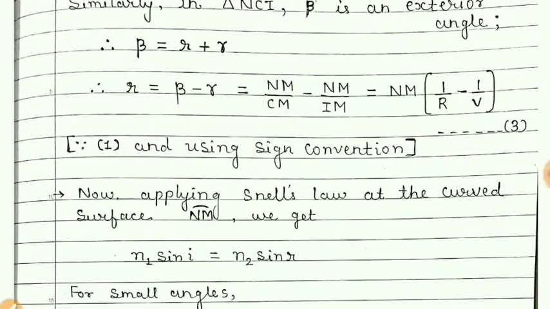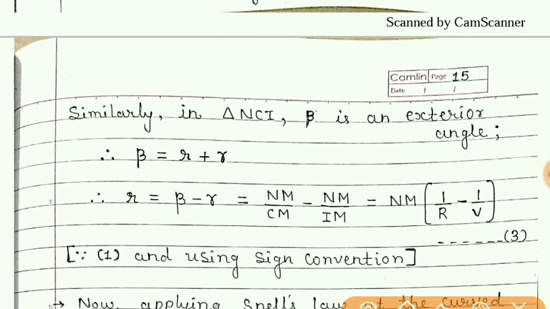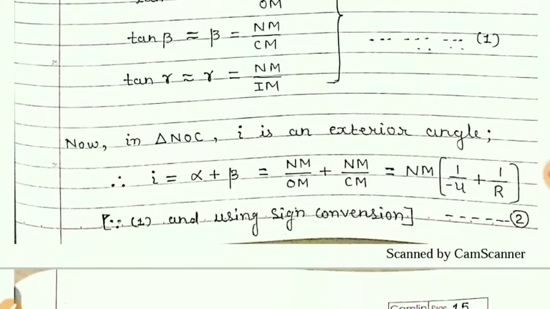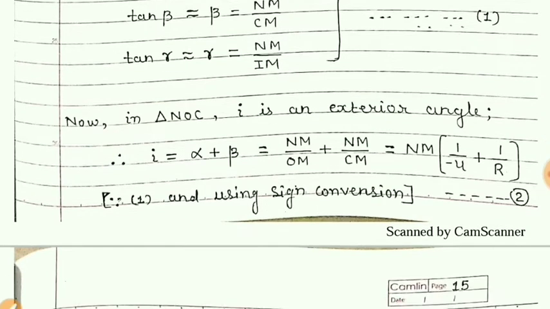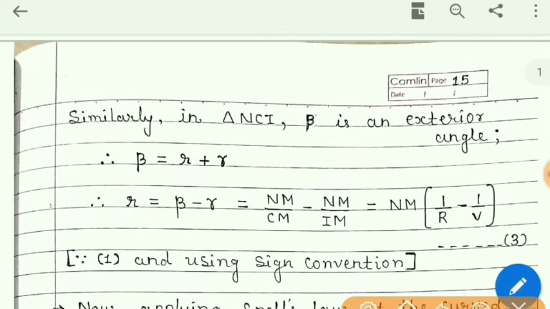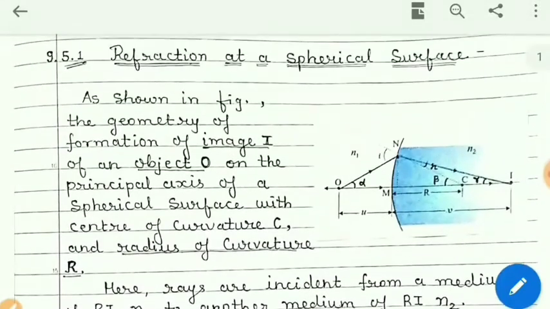Now students, why did we obtain this angle r as well as this angle i? Because we know that i is the angle of incidence and r is the angle of refraction at the curved surface.